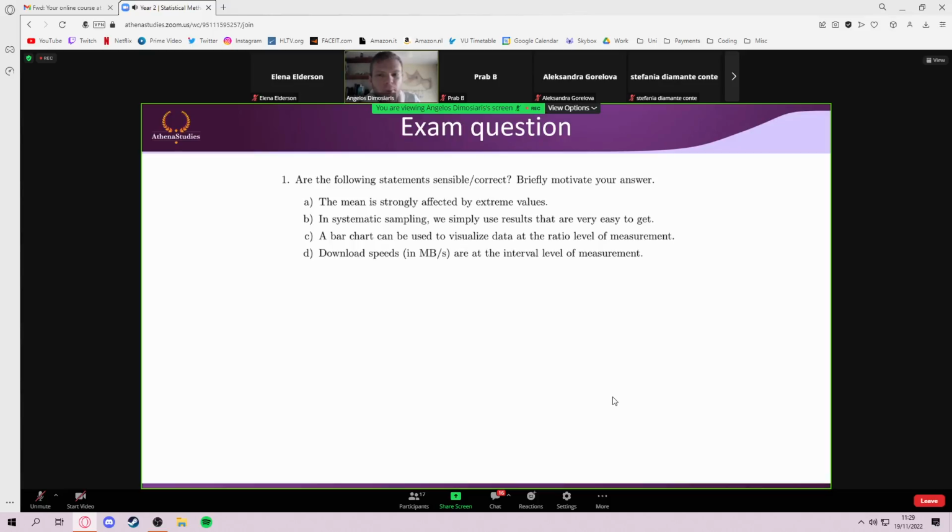All right, so let's go through all these exercises. Number A, the mean is strongly affected by extreme values. Yes or no? Perfect. I think it's clear to everyone. The mean is affected by the extreme values, either positive or negative. That's true. Number B, in a systematic sampling, we simply use results that are very, very easy to get.